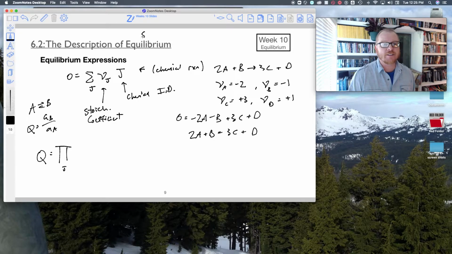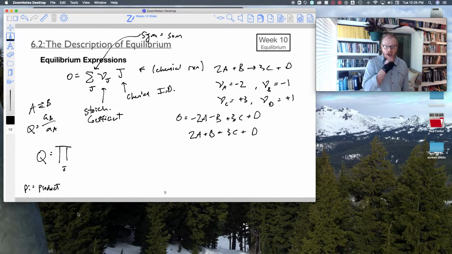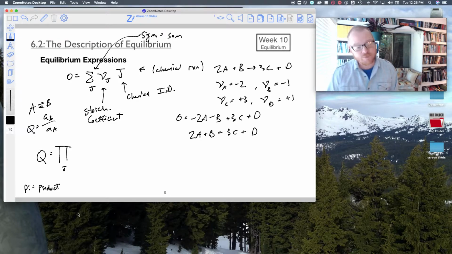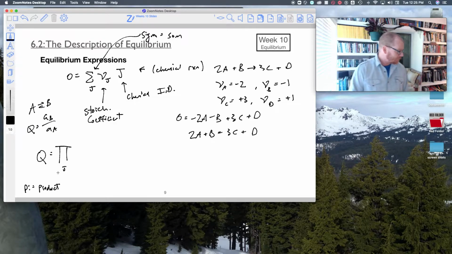So if this is the Greek letter sigma, which equals a sum, this is the Greek letter capital Pi, which equals product. I'm not sure if you knew that or not. Sigma gives us the summation. Capital Pi is a symbol for product. Okay?